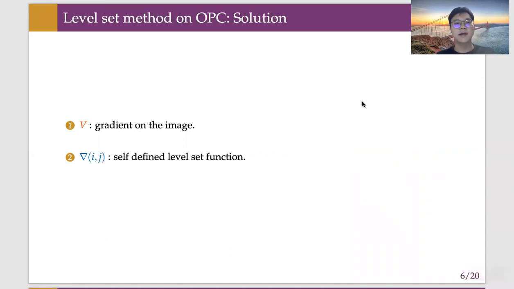How can we apply the level set method to OPC? We can use the gradient on the image as the evolution speed, and we can define the level set function properly to handle the OPC problem.